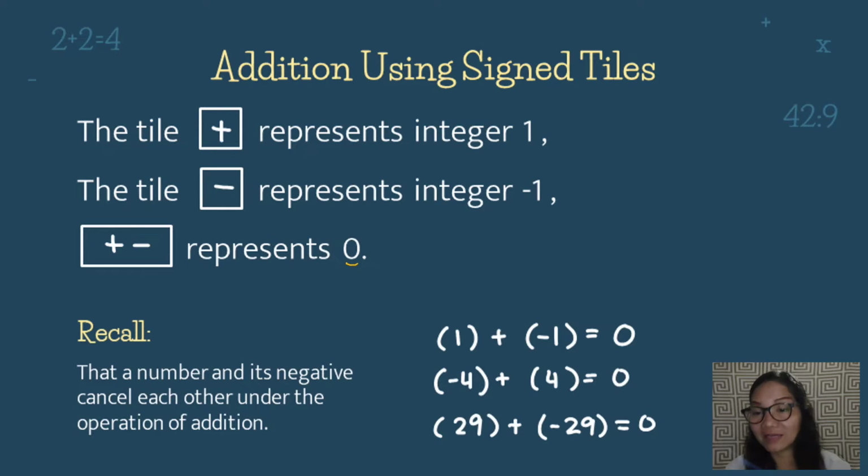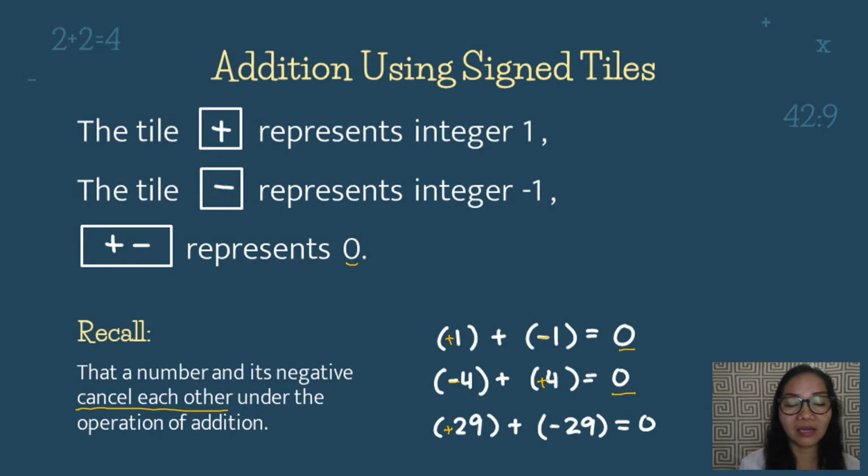If you combine positive 1 and negative 1, that is 0. Recall that a number and its negative cancel each other under the operation of addition. So positive 1 plus negative 1 is 0, negative 4 plus positive 4 is also 0, and positive 29 plus negative 29 is equal to 0.